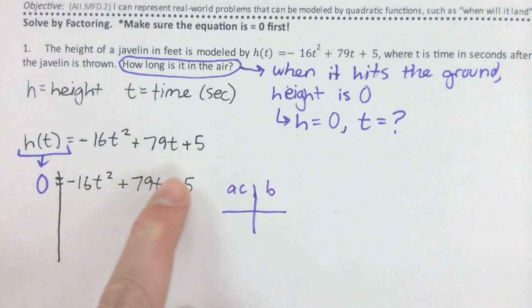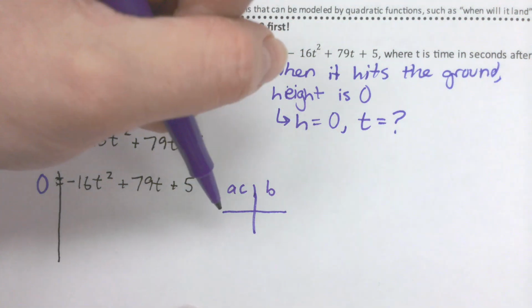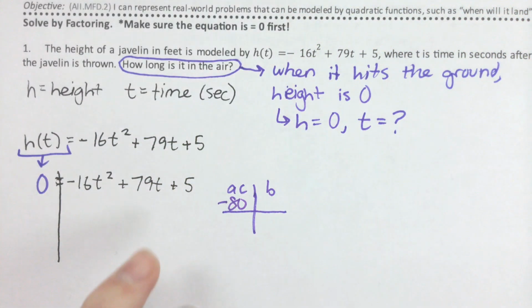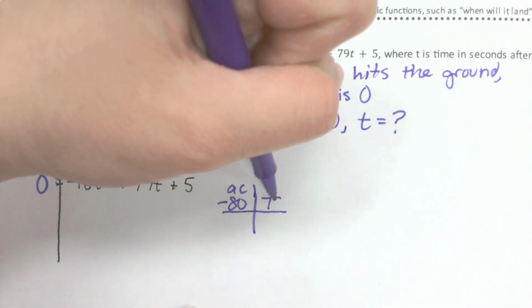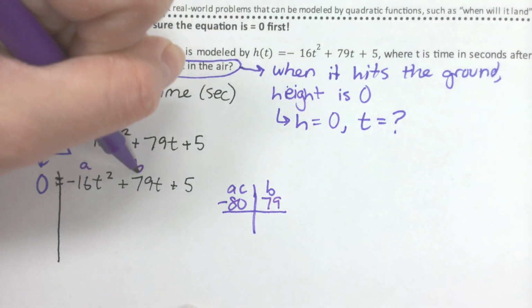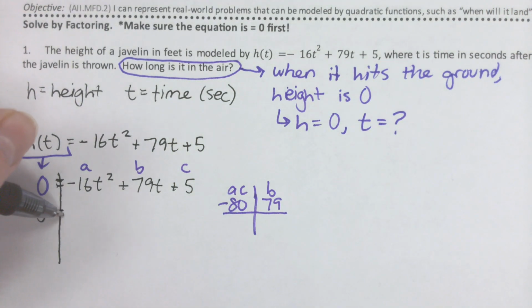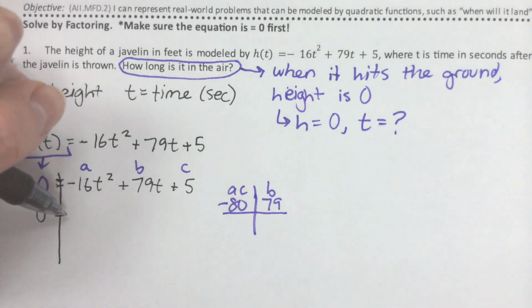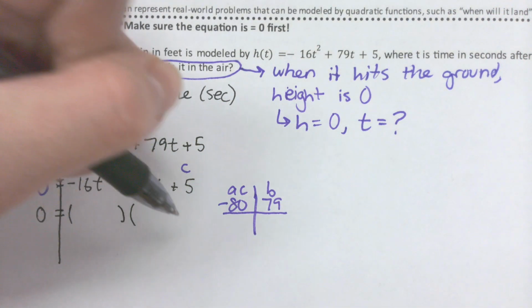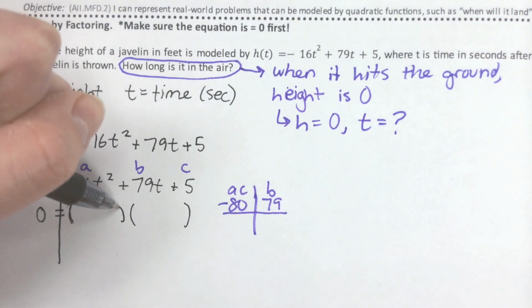So we have negative 16 times 5, that's negative 80, and b is 79. Let's go ahead and set up the factors, set up the answers.